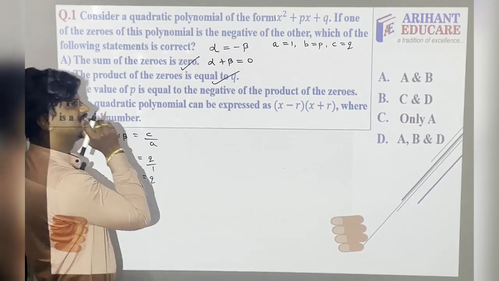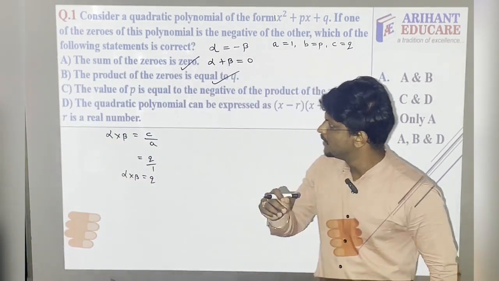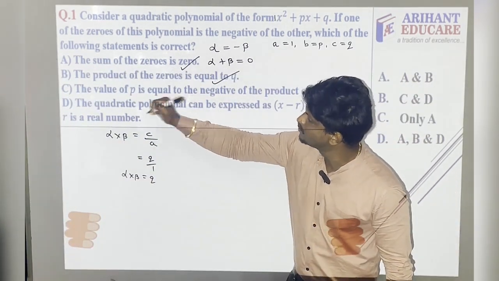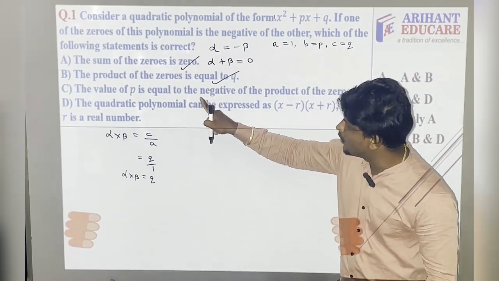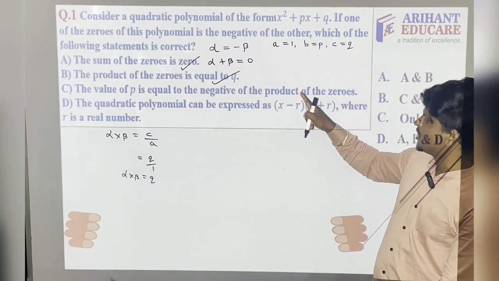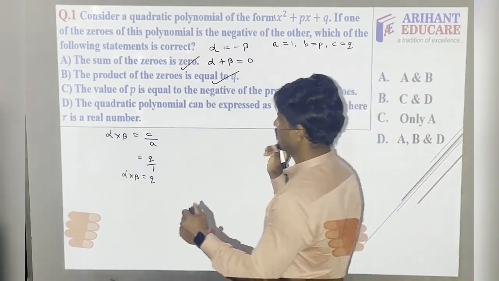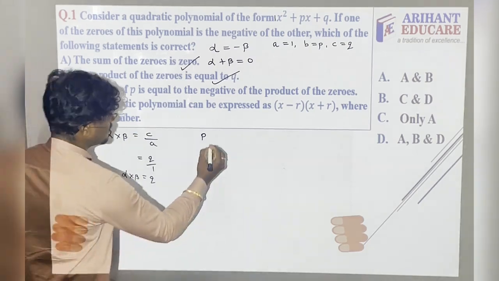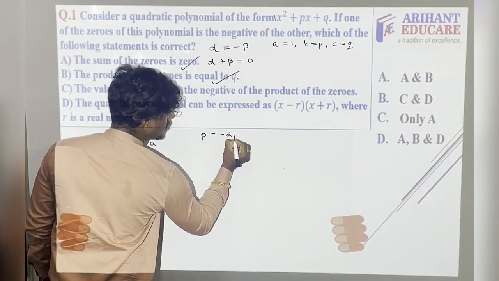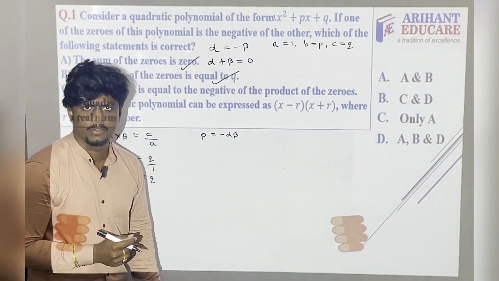Let's go for statement C. It says the value of p, where p is actually b in this question, is equal to the negative of the product of the zeros. Let's check. Value of p is equal to negative of product of zeros, alpha beta, correct?